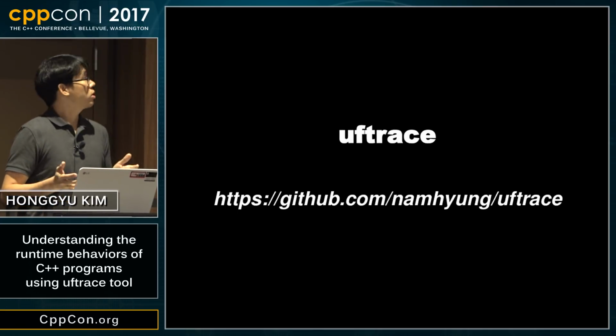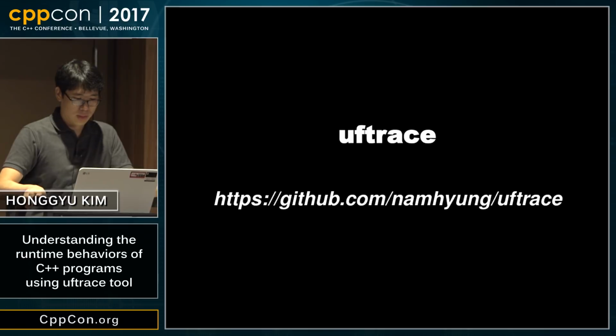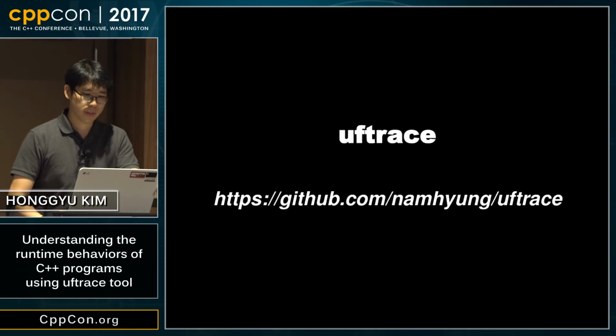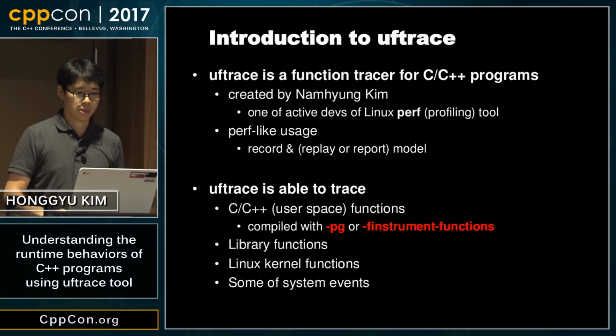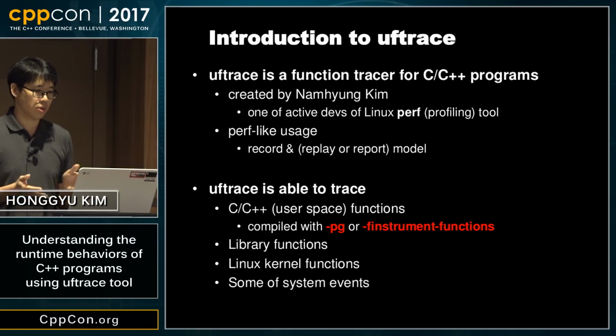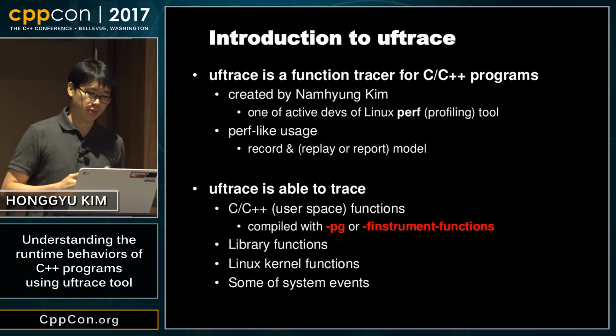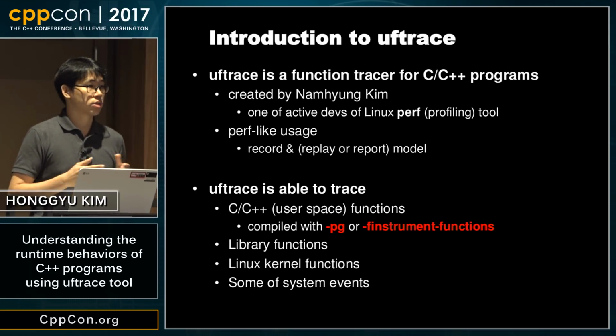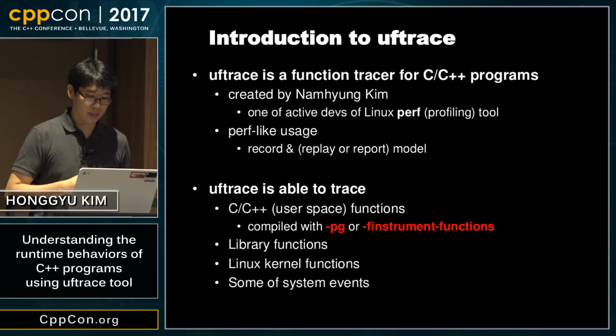uftrace is an open source tracing tool, and you can download it from GitHub. uftrace is created by Honggyu Kim, one of the active developers of the Linux perf profiling tool. So this tool is just like perf.